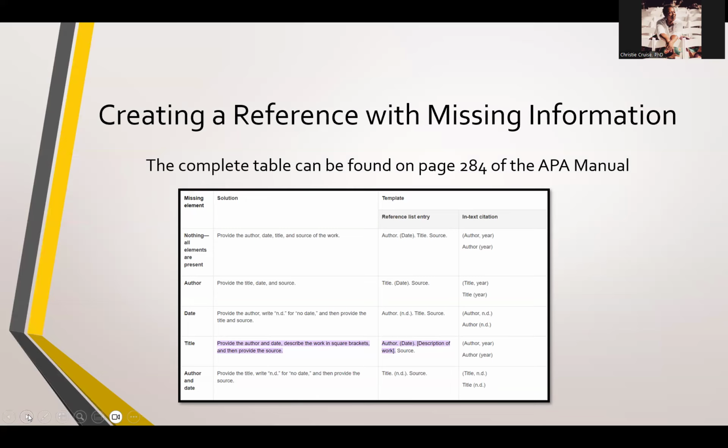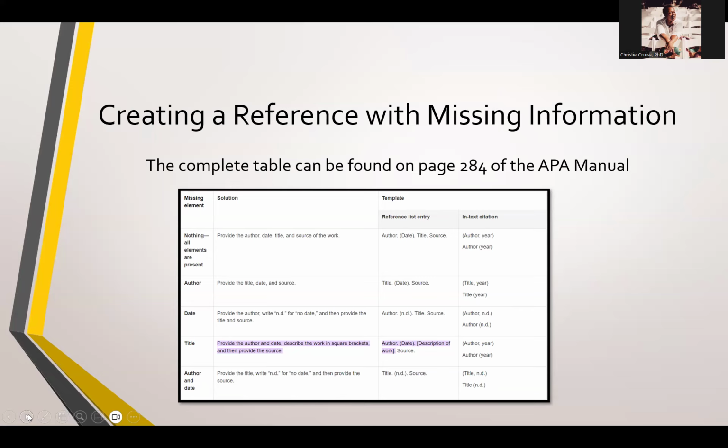So if you are creating a reference and there's missing information, APA provides a guide for you in order to do that. And that guide is on page 284 of the APA manual. So let's say your source that you found is missing an author.